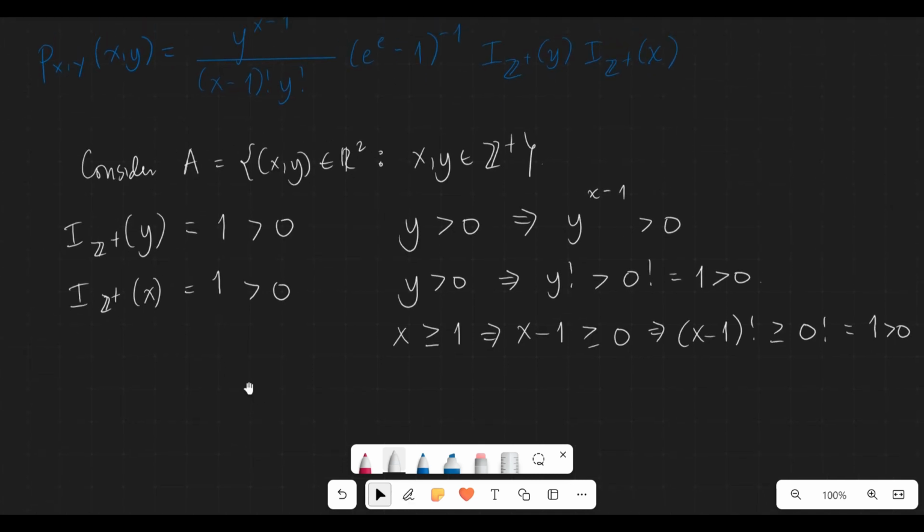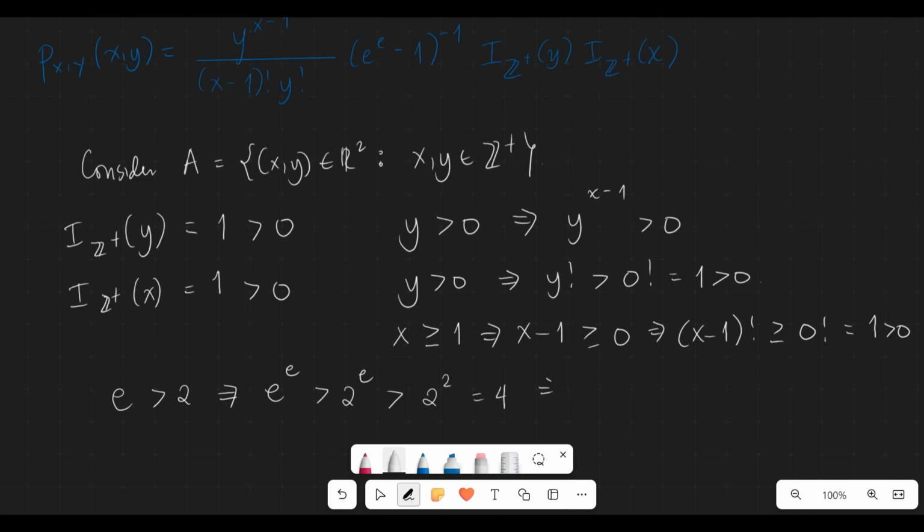Now, we have shown that these factors are greater than 0. Aside from these, we also want to show that this one right here is greater than 0. So here, notice that e is greater than 2. And that implies that e raised to e is greater than 2 raised to e. But then 2 raised to e is definitely greater than 2 raised to 2, which is equal to 4.